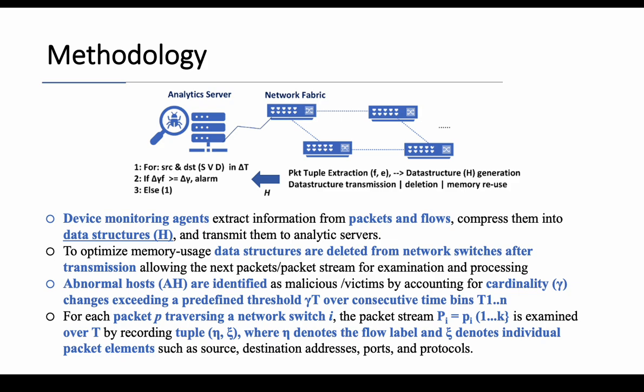For each packet P traversing a network switch represented by I, the packet stream P of I is examined over T by recording tuples, two pieces of information, where eta denotes the flow label and sigma denotes the individual packet elements such as source, destination, addresses, ports, and protocols.